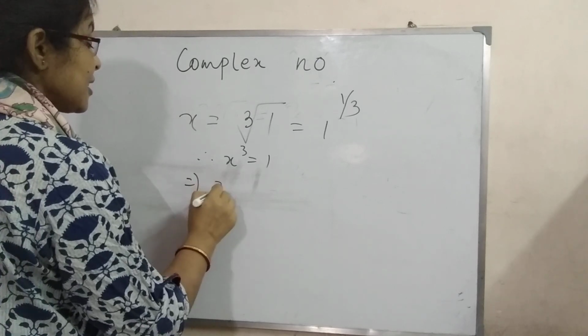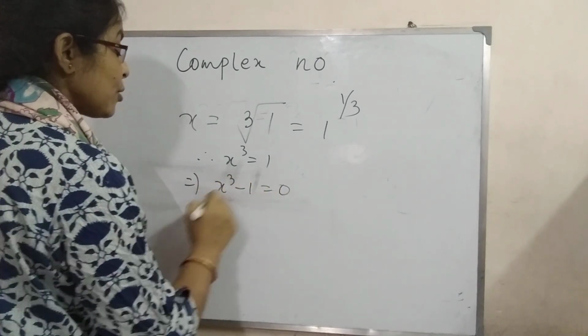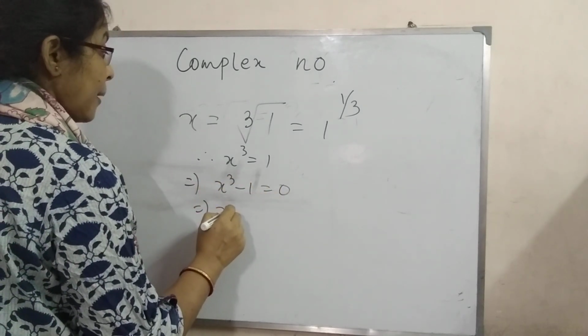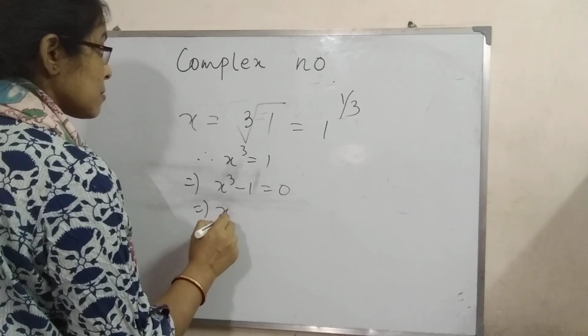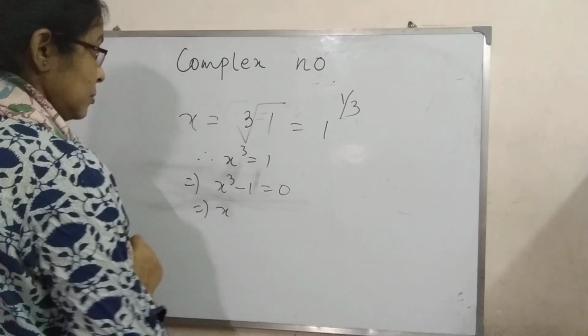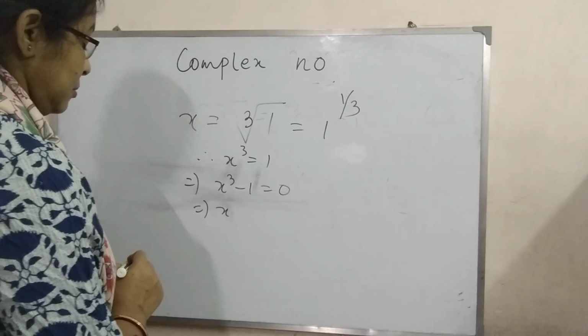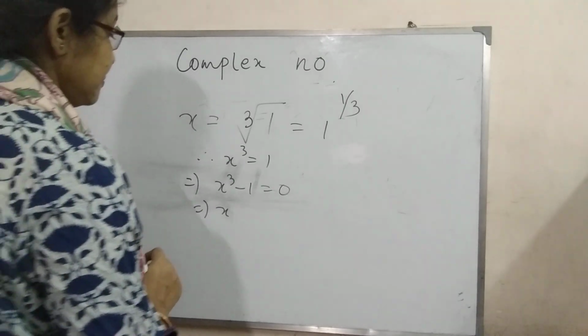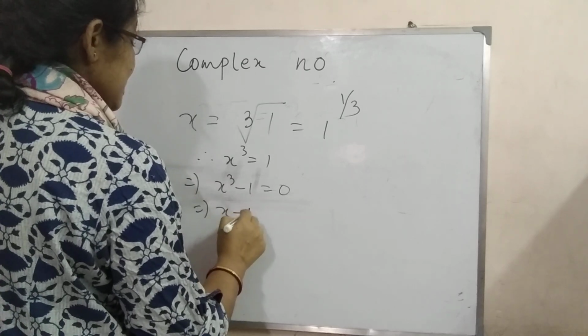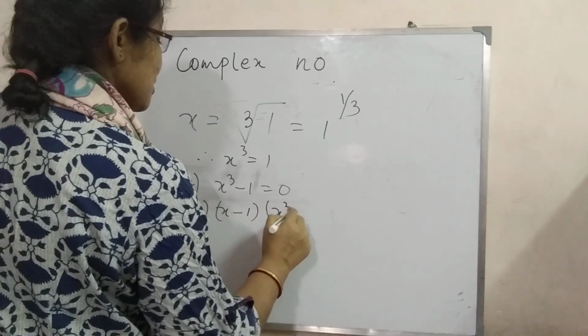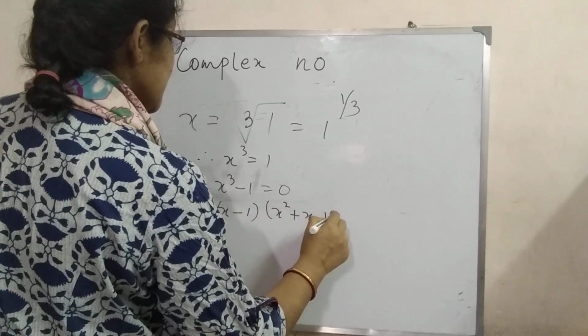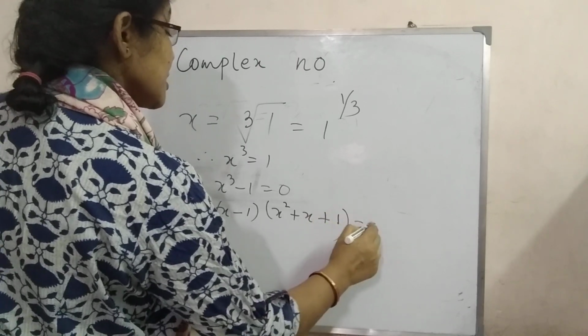I can write it in this way, x cube minus 1 equal to 0. So I can write (x minus 1)(x square plus x plus 1) equal to 0.